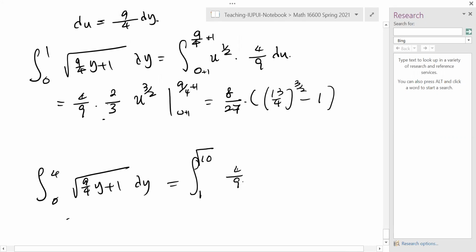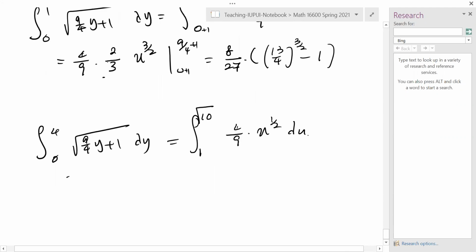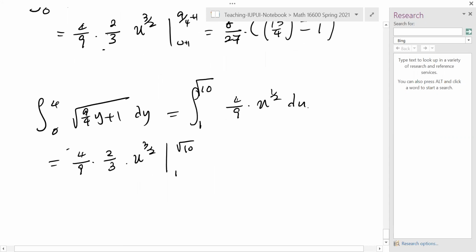And here's 4 over 9 u to the 1/2 du. So the antiderivative is 4 over 9 times 2 over 3 u to the 3 over 2. Then you plug in the numbers, and that is square root of 10 to the 3 over 2 minus 1.